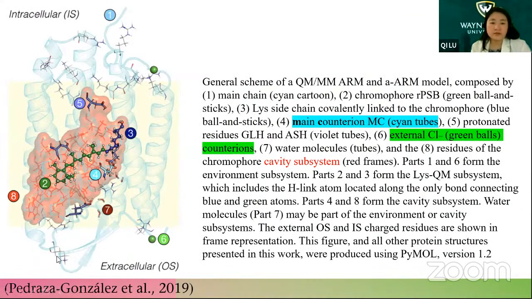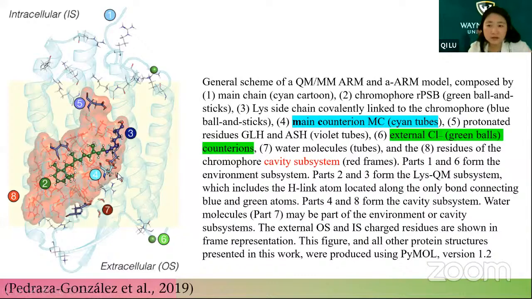For this model, it can give out several important pieces of information, like the main chains. They give a cartoon background, and it will show the chromophore, the protonated Schiff base, the cavity, and the main counter ion. The lysine, the counter ion, and also a secondary counter ion.